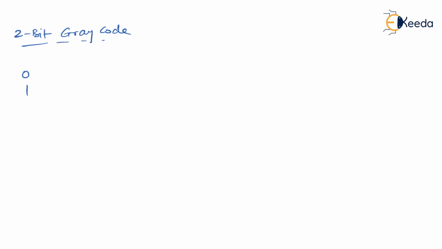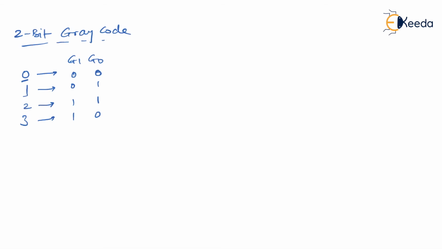So for 0, 1, 2, 3, just for the sake of revision, here the MSBs are compulsorily 0, and here the MSBs are compulsorily 1. Next, for 0 we have 0, for 1 we have 1, then by putting a mirror, this 1 is reflected here and this 0 is reflected here.